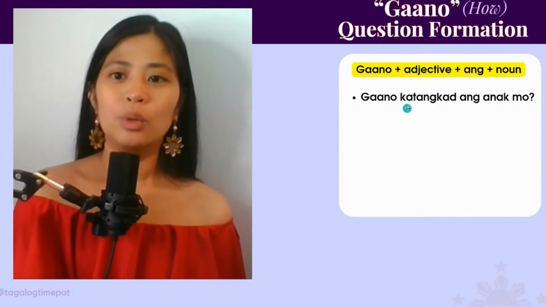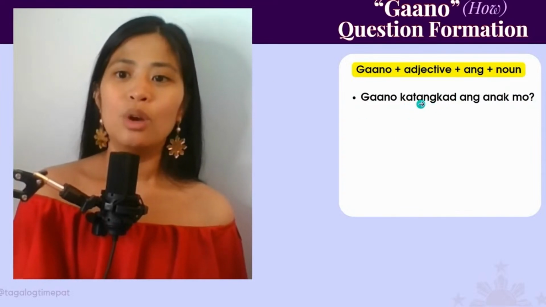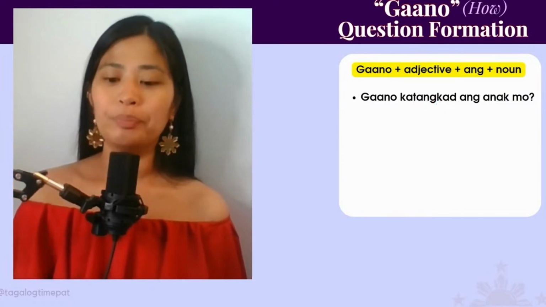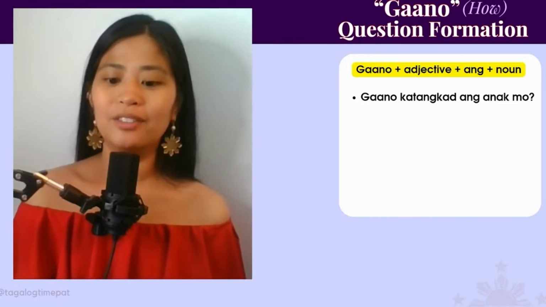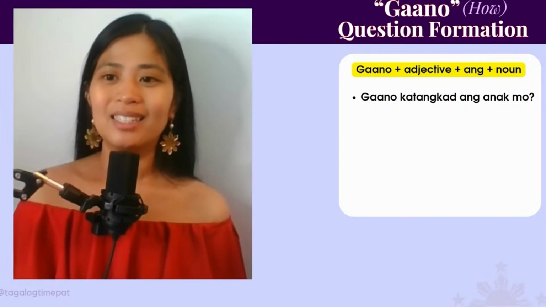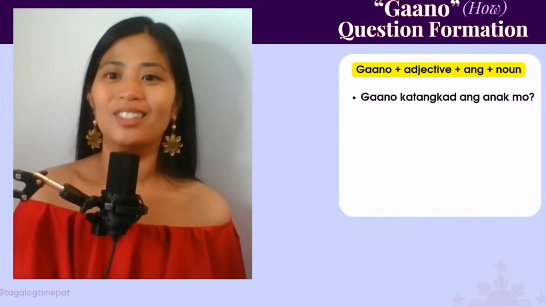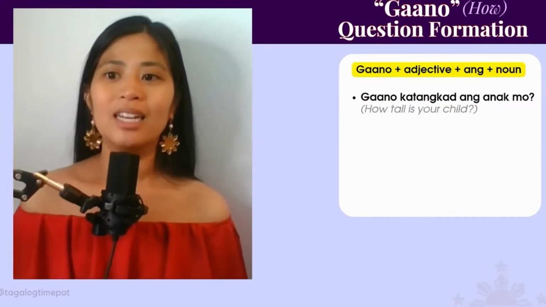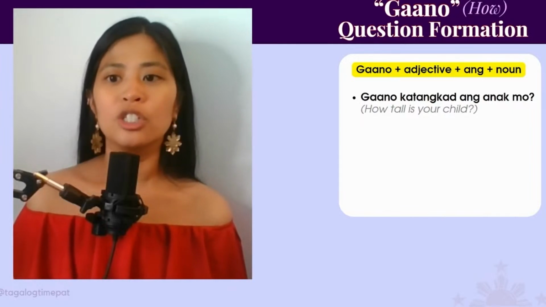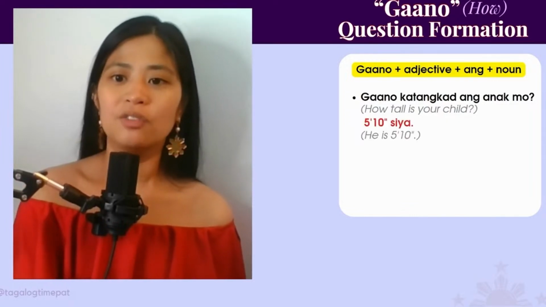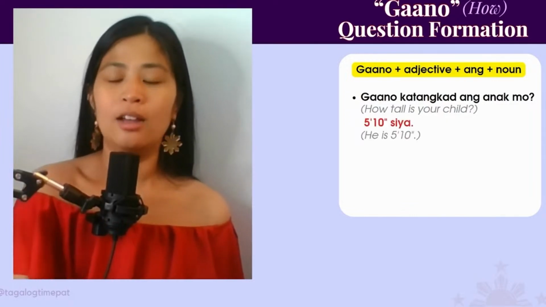Even if you've never heard the word katangkad, but you know the word matangkad. Matangkad means tall. Hopefully you can guess that this is asking about the height of someone's child, right? So, gaano katangkad ang anak mo? How tall is your child? The answer would be 5'10" siya. He is 5'10".